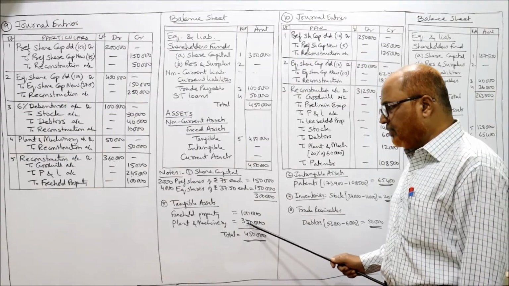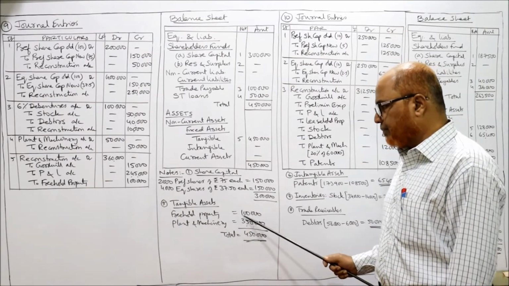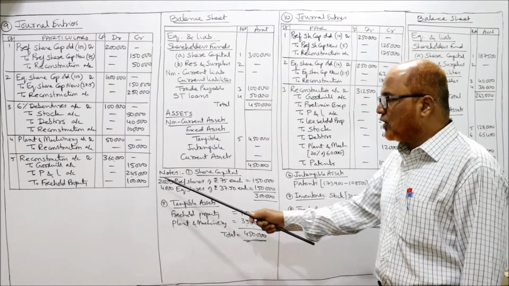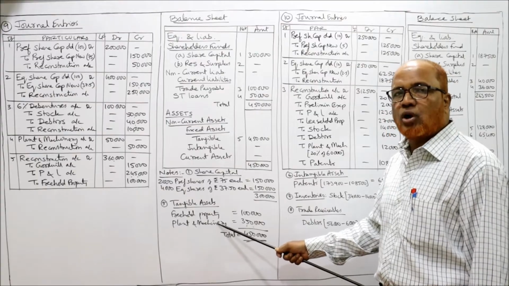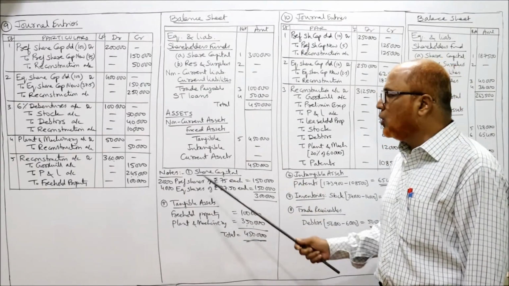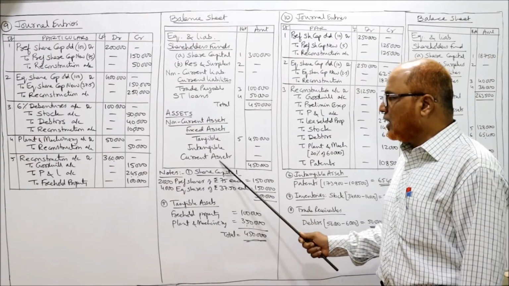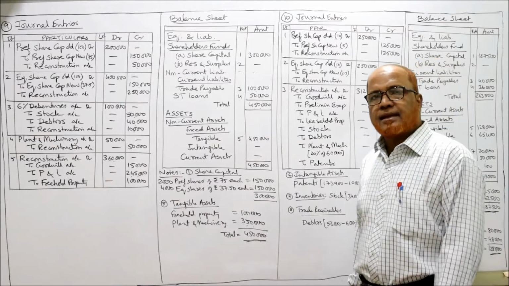Plant and machinery, 3,50,000. Freehold property was reduced by 1 lakh. Earlier it was 2 lakh. Now 1 lakh rupees we have reduced, 50%. So remaining 50%. Plant and machinery we have not changed, same value. So 4,50,000 is the tangible asset. No intangible asset is there. Then current assets are not given. So 4,50,000. Balance sheet tallied.